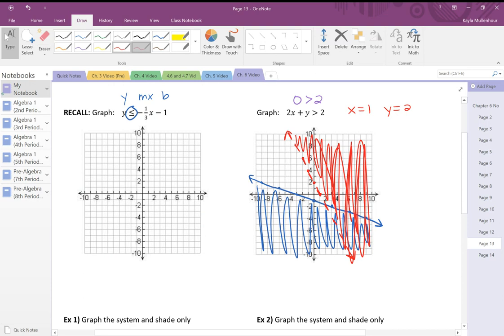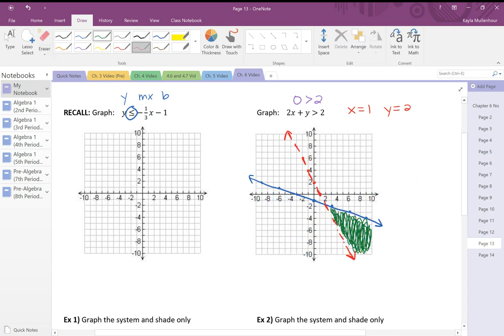If we were to think of these two as a system, notice we're shading below the blue line and above the red line, but there's this area here where we see both red and blue. So I'm going to color that green. That area is technically the solution to the system. If I were to erase the red and the blue, that overlap is the green area.